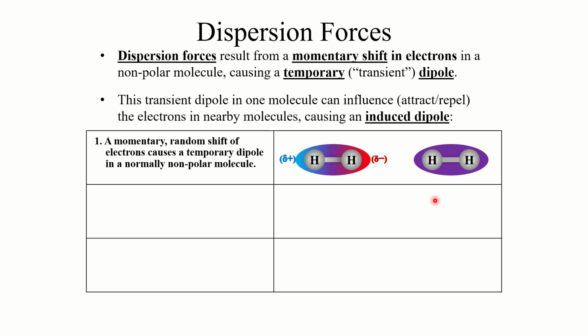How does this happen? All right, so we're starting with this image right here. Suppose we've got hydrogen gas, those two hydrogen atoms. We've got that covalent bond, and those two electrons are being evenly distributed across the entire molecule. Now I want you to think of these two electrons and this purple shading here kind of like a cloud of electrons. These electrons are always in constant motion.